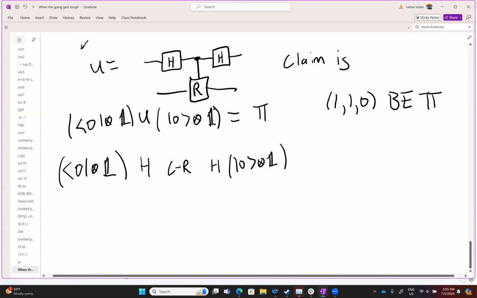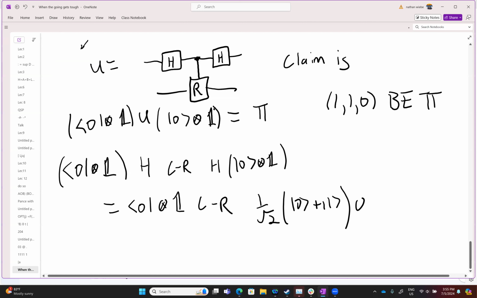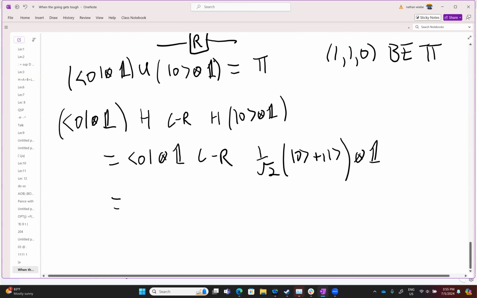Applying Hadamard on |0> tensor identity gives us 1 over root 2 of |0> plus |1>, tensor I, and then the controlled rotation.